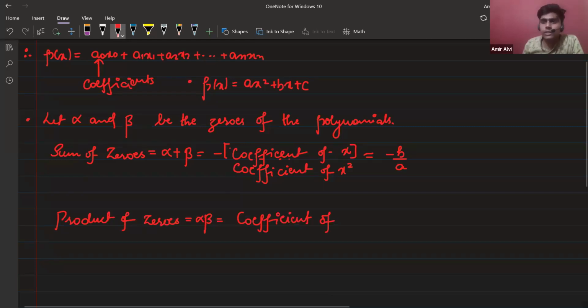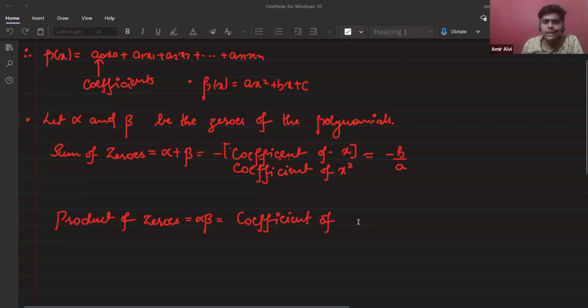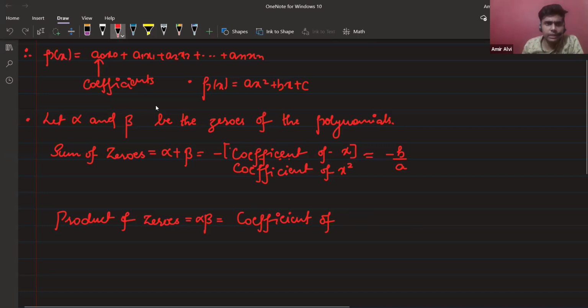Just a second, let me reshare my screen. Actually, my screen got frozen due to system heating. I think it's clear now. Okay, let me erase this term. Basically, constant term upon, now can anybody tell me what will be there?